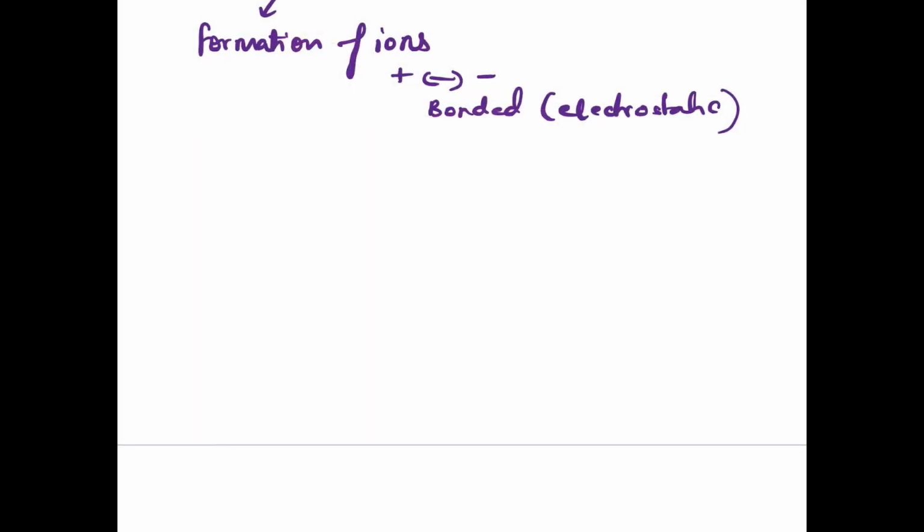Now, if you would see, from this arise the other properties of these bonds. So you have got polarity, which is very low in case of covalent bonds, while it's high in case of ionic bonds, because you have in ionic bonds completely an electronegative element and an electropositive element participating in the bond formation.